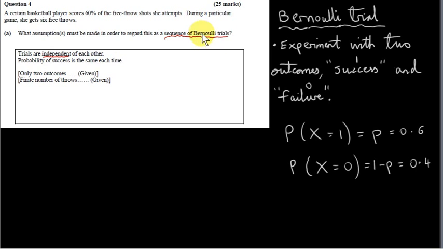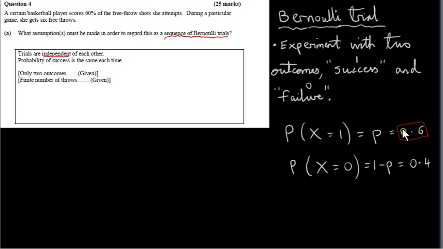So, if they're identical, then this probability mustn't change. The probability of a successful free throw shot, that is the probability of scoring from a free throw shot, must always remain 0.6. It should not change from throw to throw.